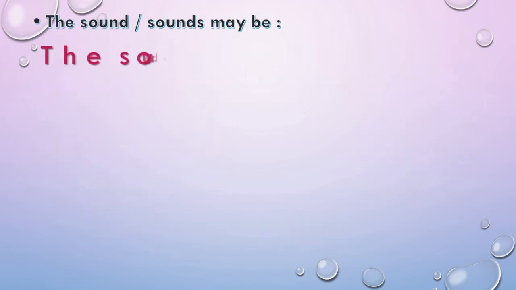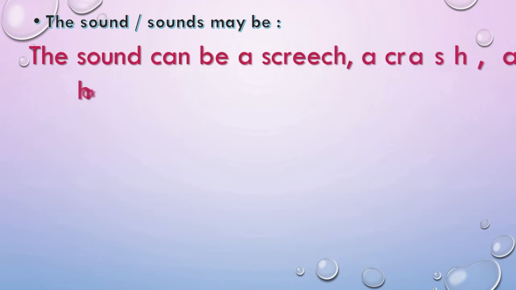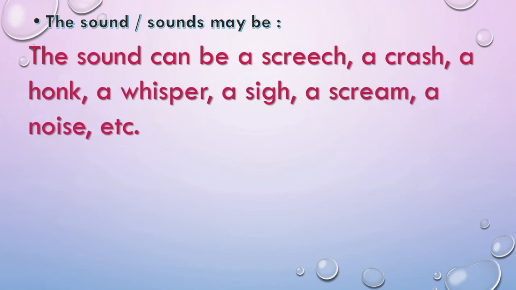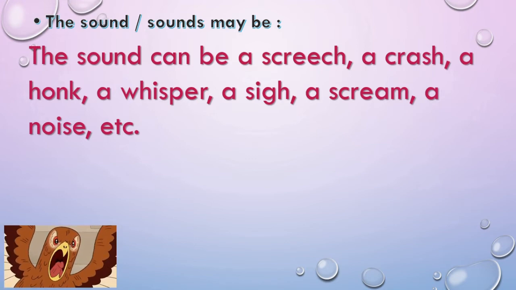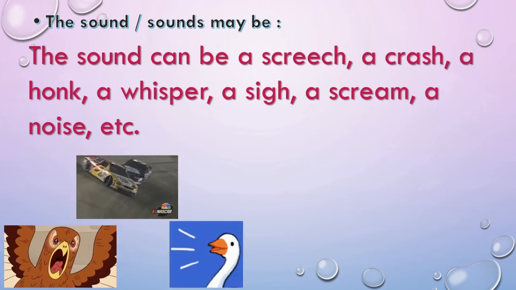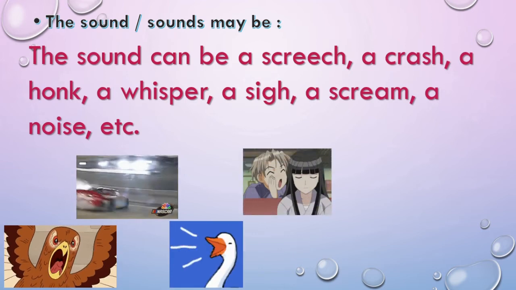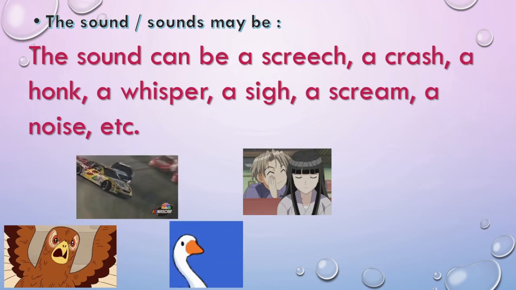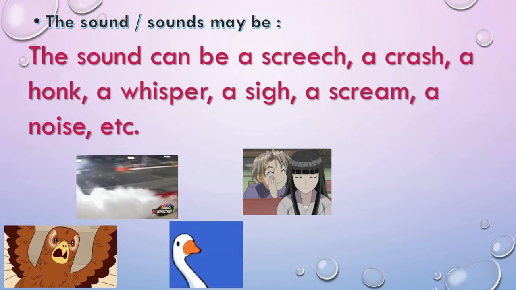The sound can be a screech, a crash, a honk, a whisper, a sigh, a scream, a noise, etc. Here you can see a screech, a crash, a honk, a whisper, a sigh, which means a long, audible breath that we use during sadness.